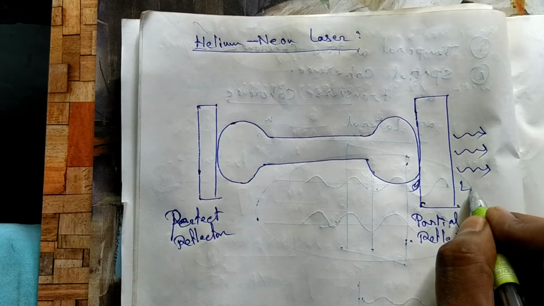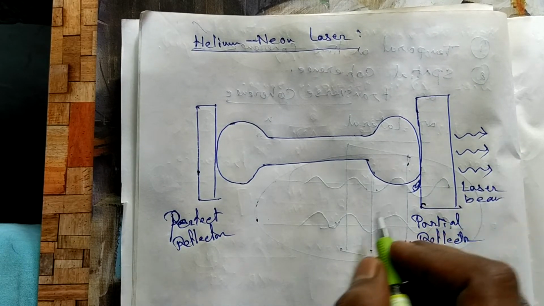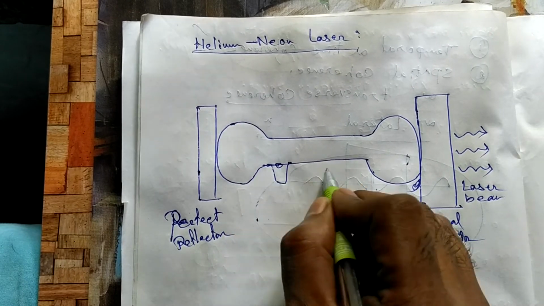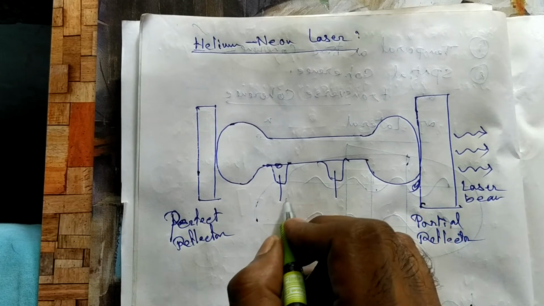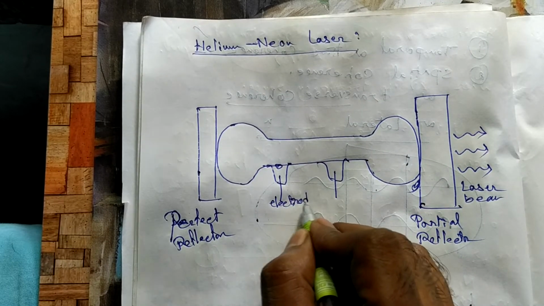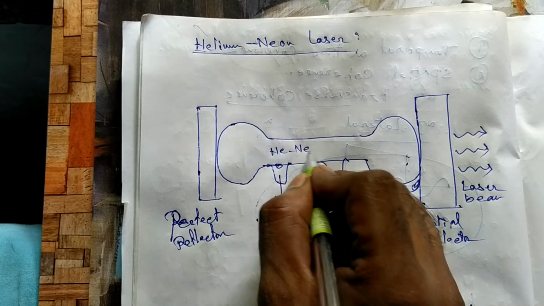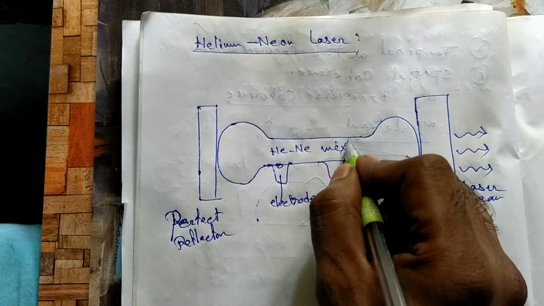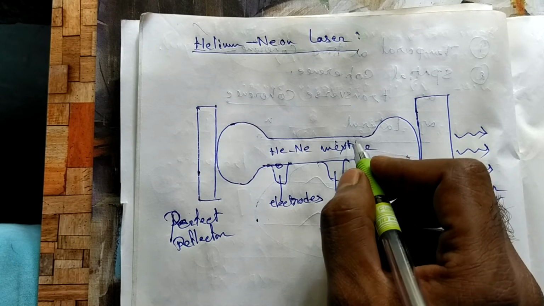Here are two electrodes, and here is the helium neon mixture.